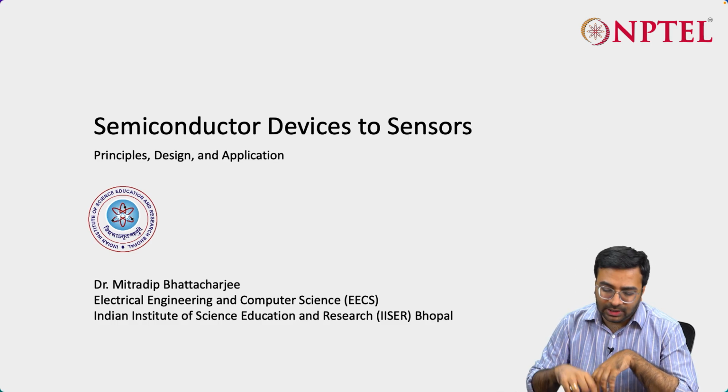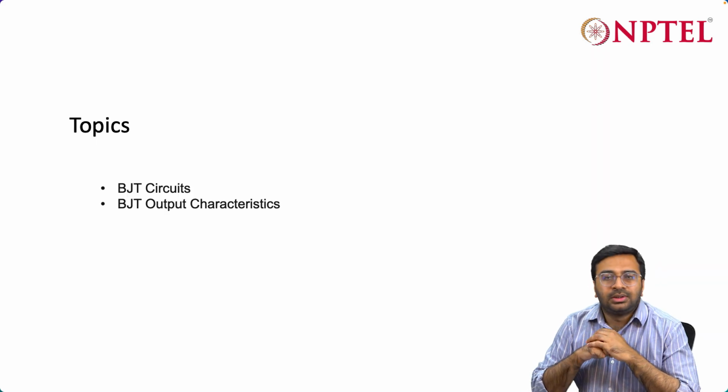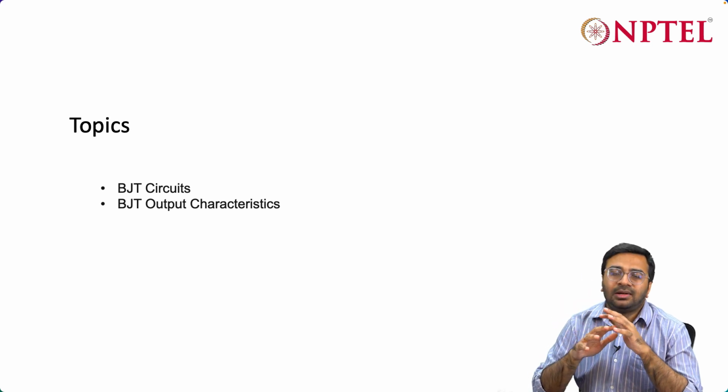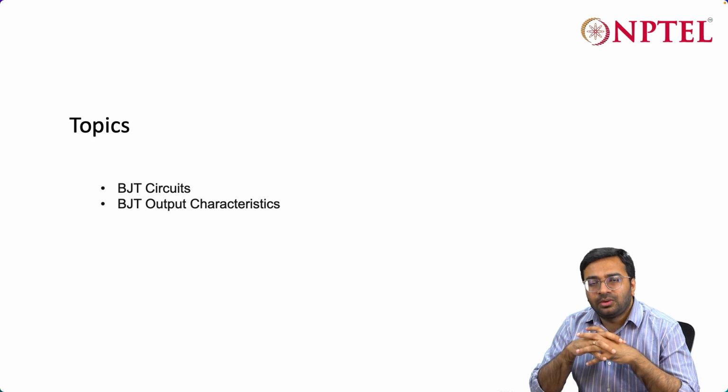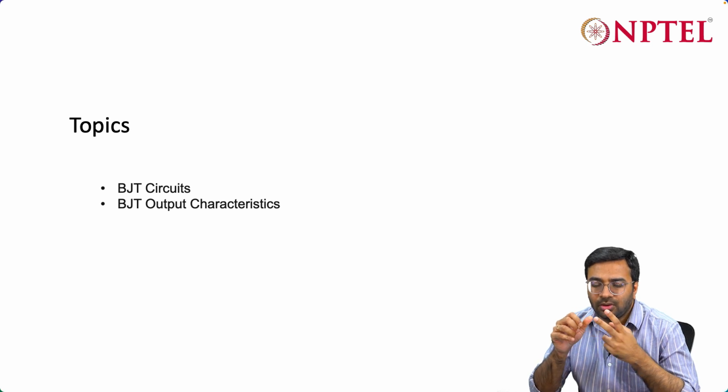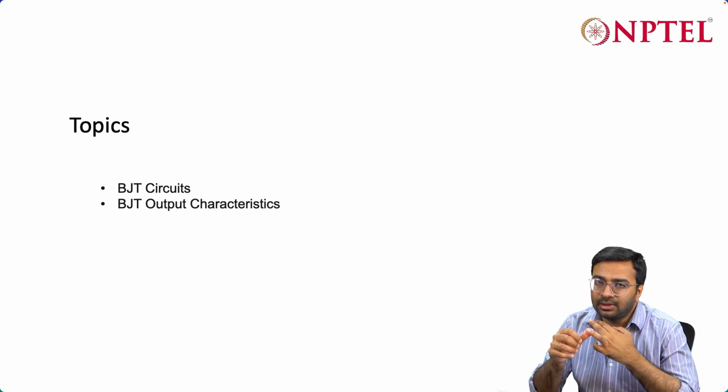So in this particular lecture, we'll cover two different things. One is BJT circuits, because once you have a device, you will make a circuit with this device, and there are three basic circuits that one can make using BJT, which are common base, common emitter, common collector.